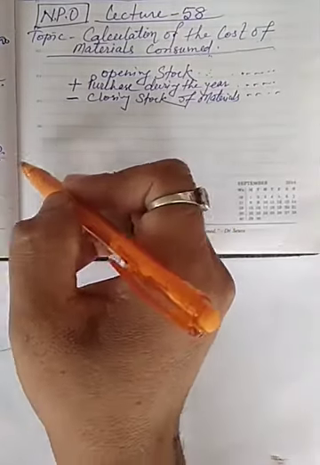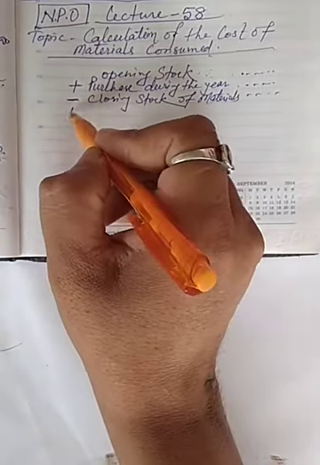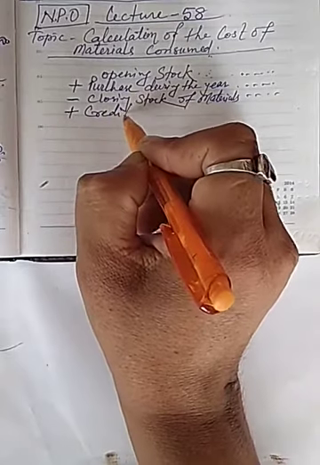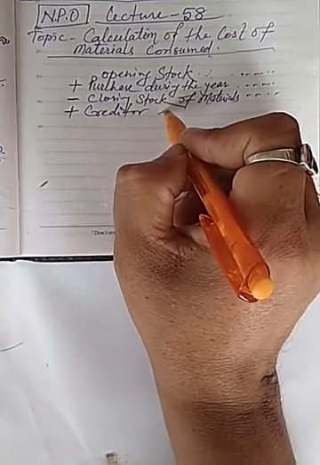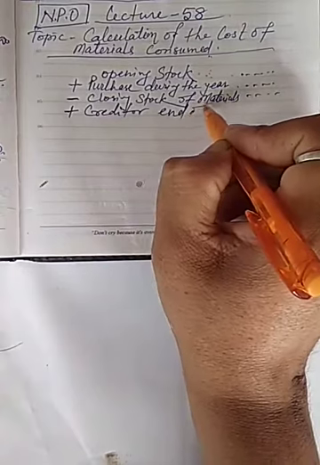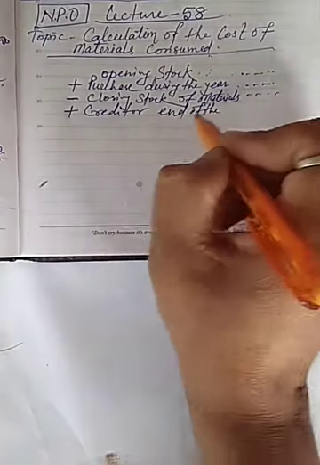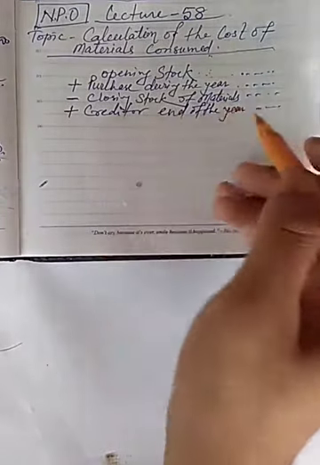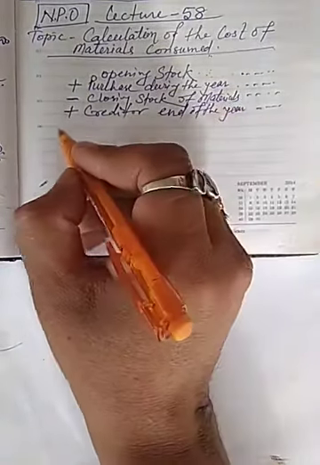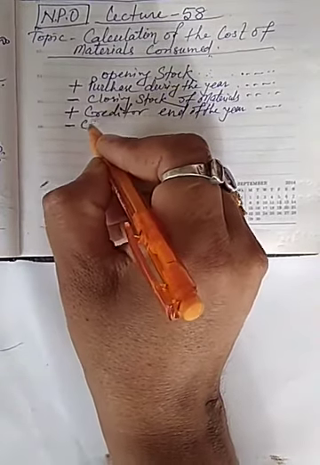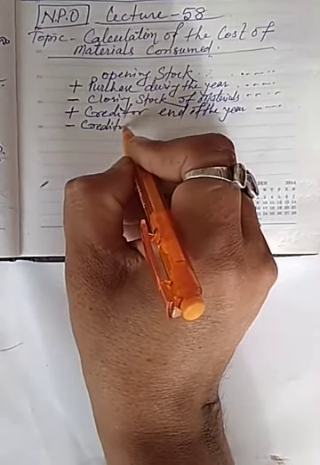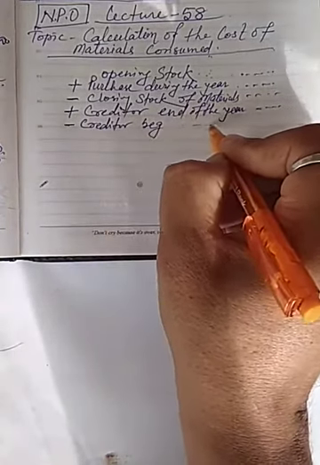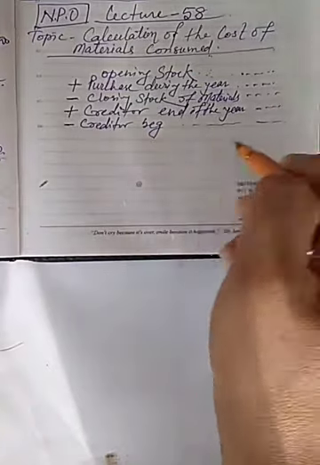If in the question creditor at the end of the year is given, then it will be added. If creditor at the beginning of the year is also given, it will be deducted.